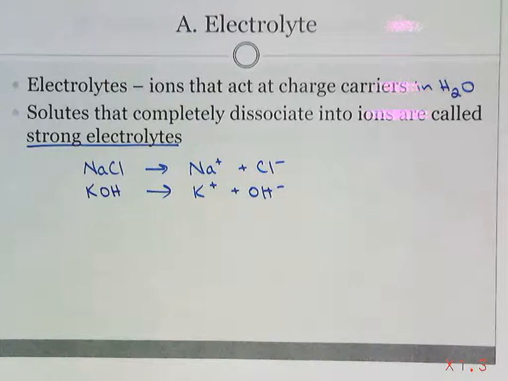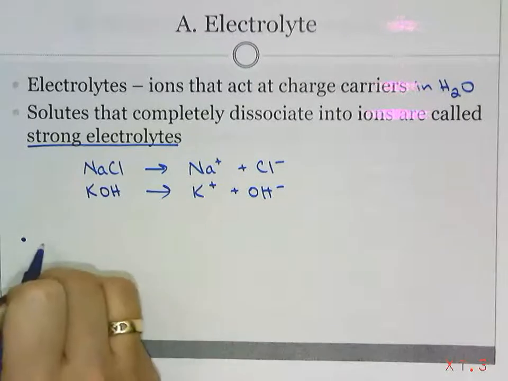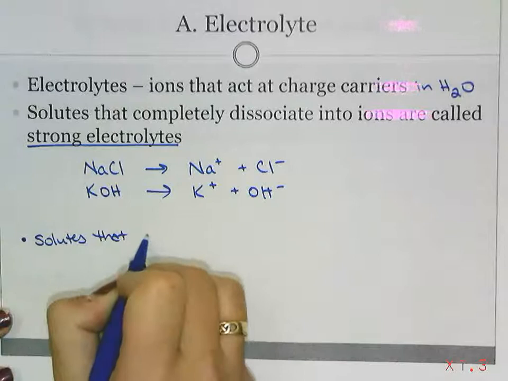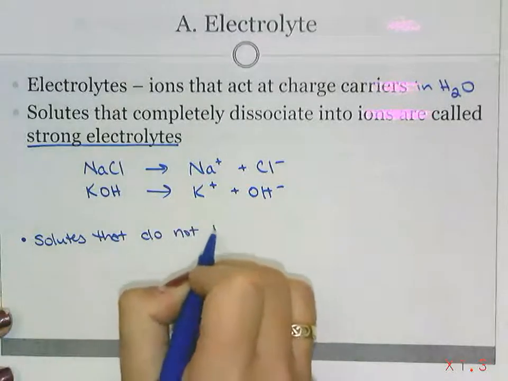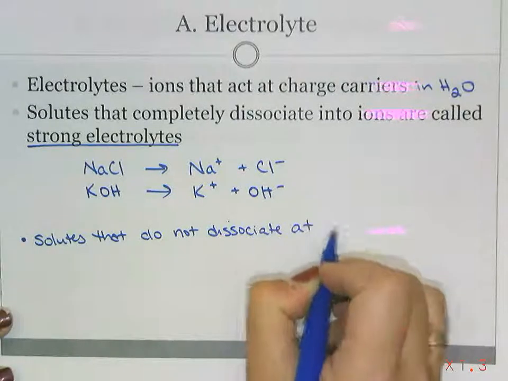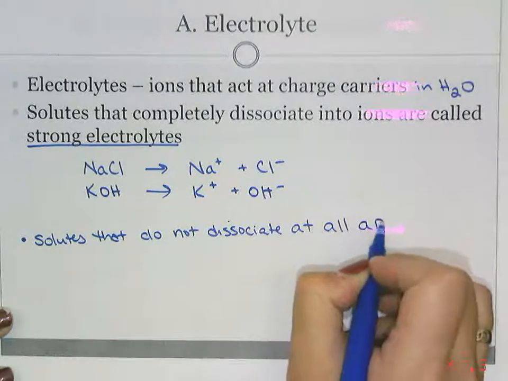So if I have compounds that completely dissociate, I must also have compounds that don't dissociate at all. We're going to call those non-electrolytes.